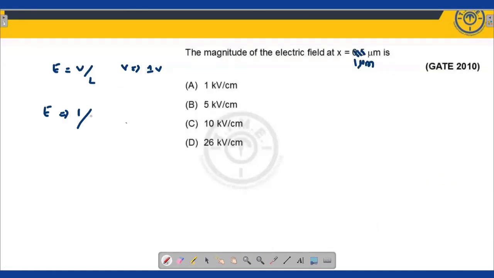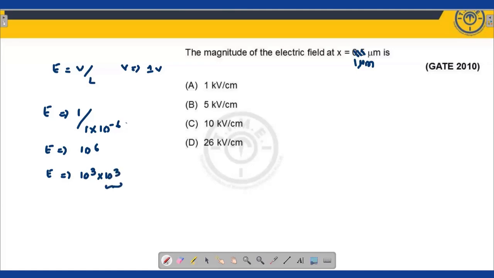Then it will be 1 by 1 into 10 power minus 6. Then E equal to, we can write down, my dear friends, this thing in the form of 10 power 6. E equal to, I will write down in terms of 10 cube into 10 cube.